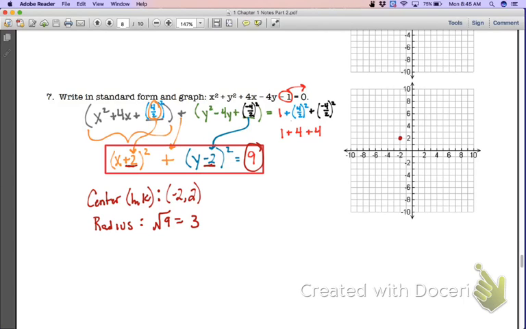So I'm going to go 1, 2, and 3 to the right. I'm going to go 3 to the left. I'm going to go 3 up and 3 down. And then plot my points of my circle.